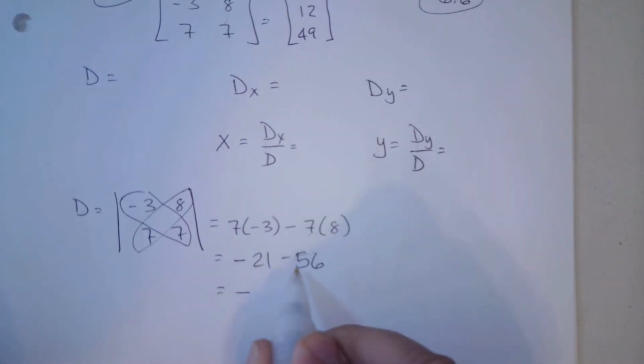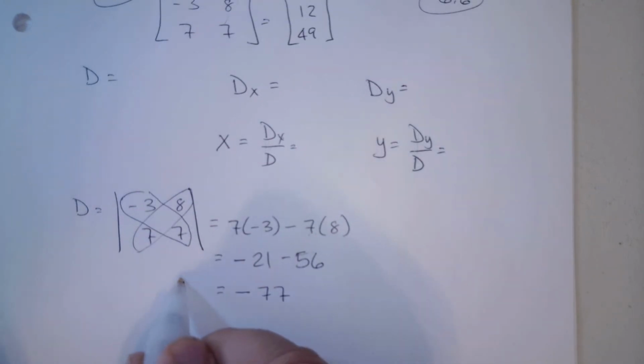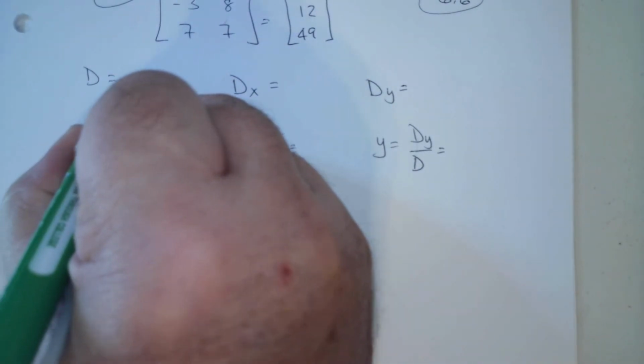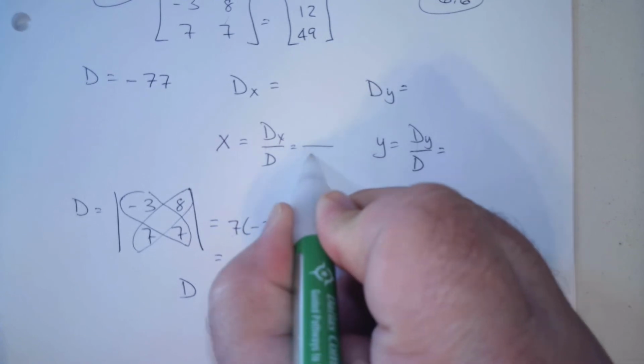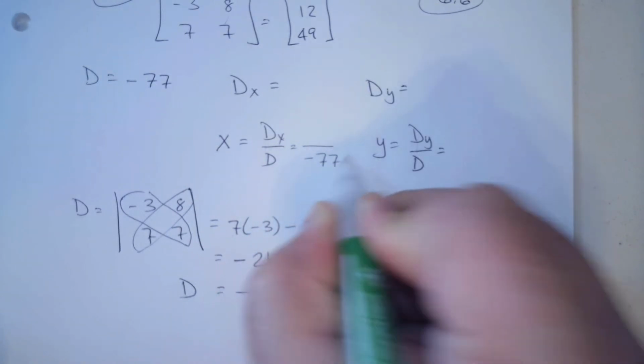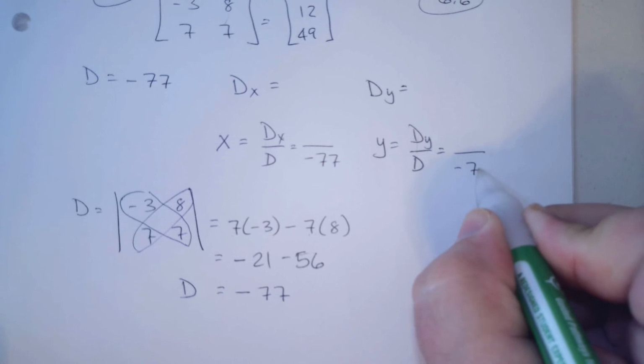So they're both negative. 56 plus 21 is 77. That's d. So it's negative 77. So it goes on the bottom of all these.